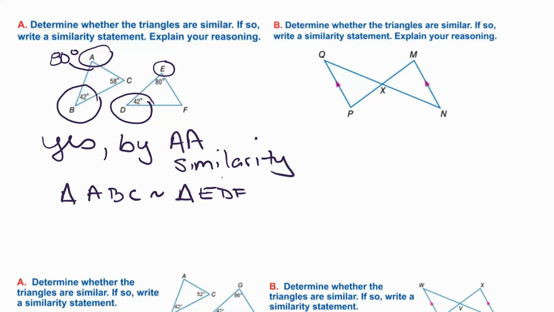In the next problem, we're told that QP is parallel to MP. So we know that angle P and angle M are congruent. And we also know that angle Q and angle N are congruent.